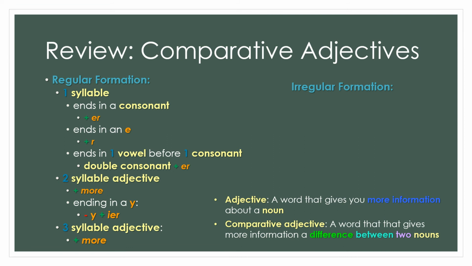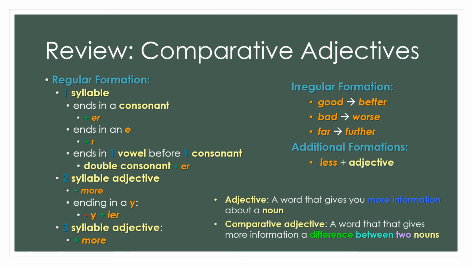The irregular formations are the word good, which becomes better, bad, which becomes worse, far becomes further, and the additional formations, less plus the adjective, or as plus adjective plus as.